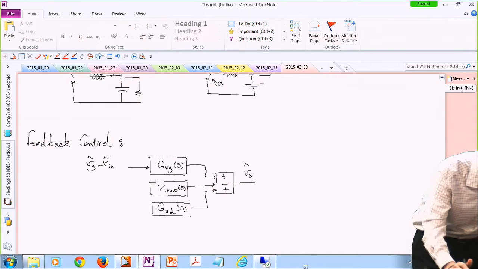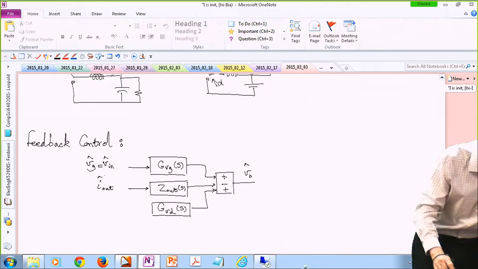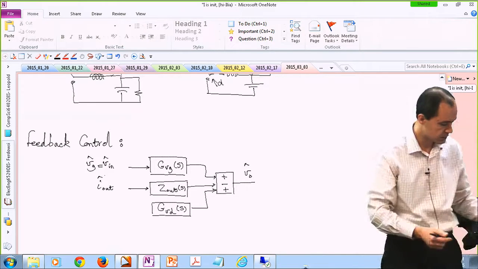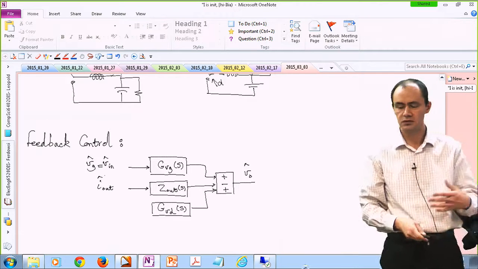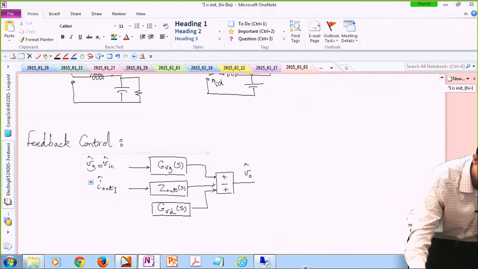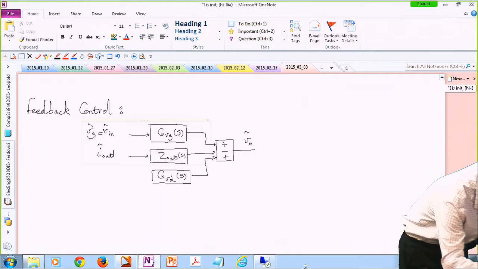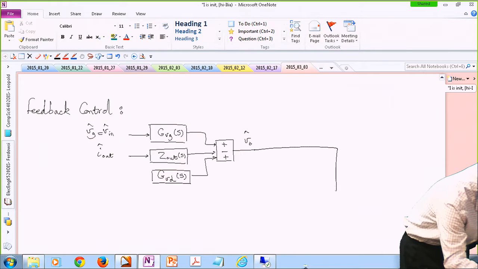So I think we looked at this kind of a control block diagram of our DC to DC converter. We have two uncontrolled or disturbance kind of inputs, which is the variations in the input voltage and variations in the output current or output resistance. They all have an impact on the output voltage. And now I am sensing this output voltage.